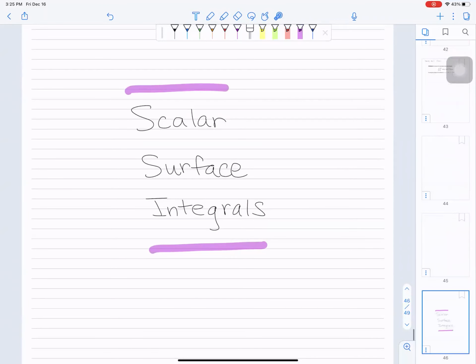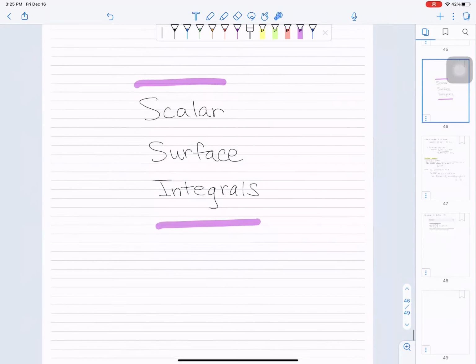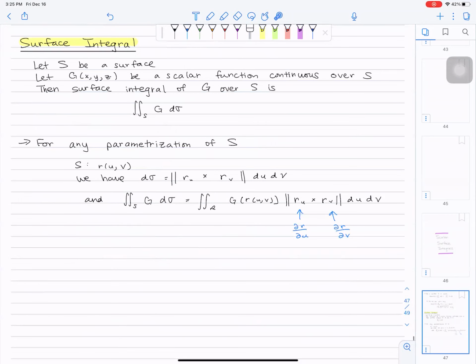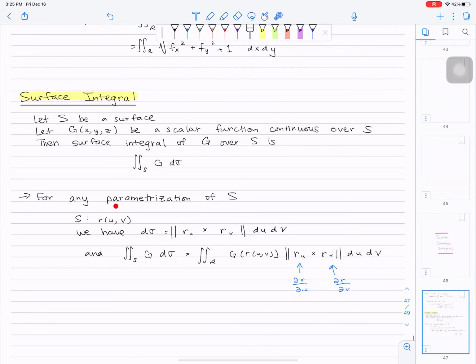Now we have scalar surface integrals. So, surface integrals, what are those? For any area element d sigma, what you're always going to do is this formula. First, parameterize your surface.